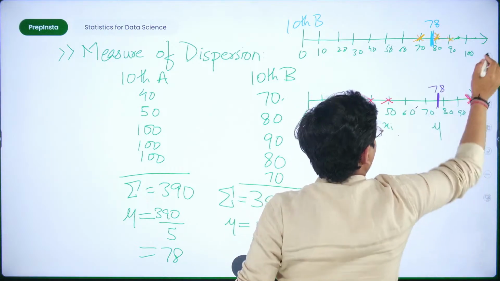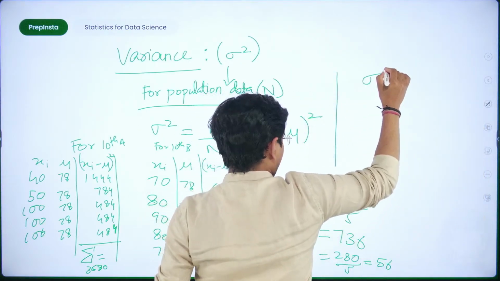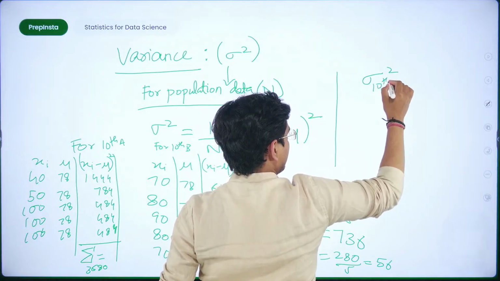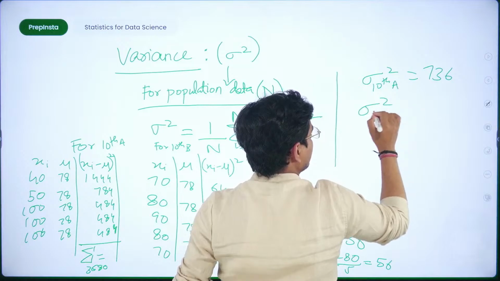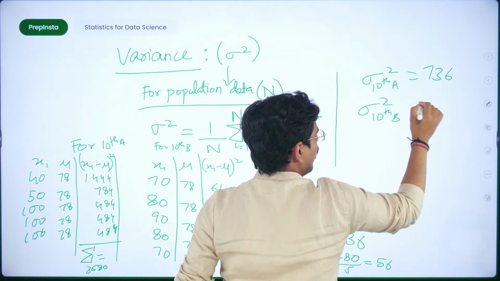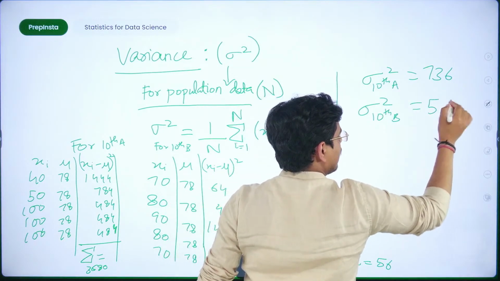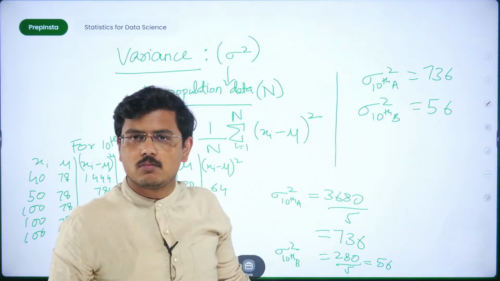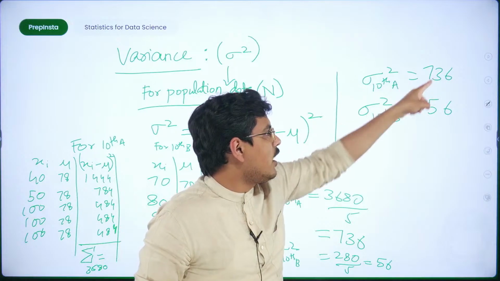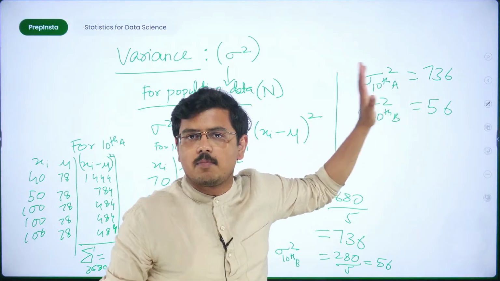So here I'll write it. Sigma square of 10th A is 736, and for 10th B, where people were scoring well throughout, this is 56. You can yourself see where the dispersion is more. Dispersion is more here, not here. As simple as that.